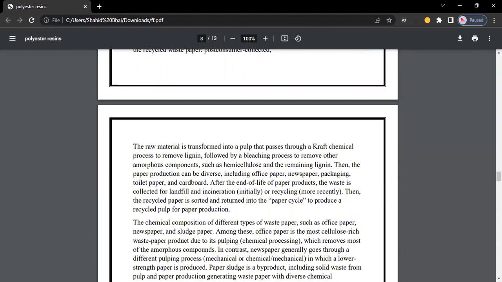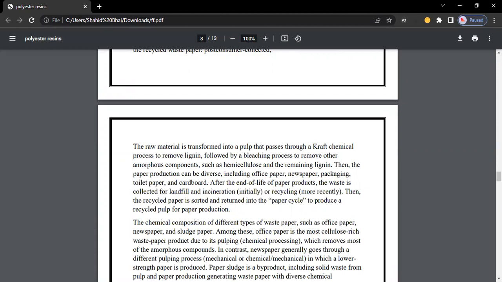The raw material is transformed into pulp that passes through the kraft chemical process, which decomposes the material to remove the lignin, followed by the bleaching process to remove other amorphous components such as the hemicellulose and the remaining lignin.